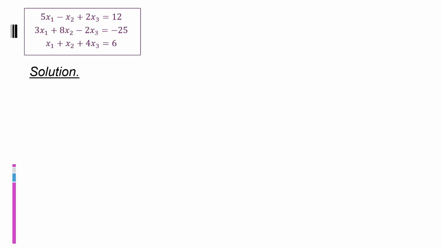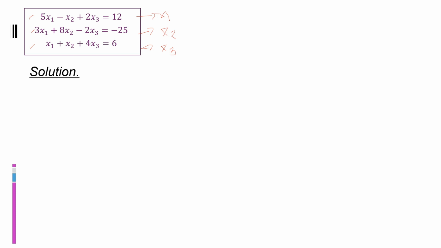So for the first step, una muna, gagamitin natin itong tatlong equations na ito para hanapin yung sa first equation, x sub 1, sa second equation, x sub 2, at sa third equation, yung x sub 3.